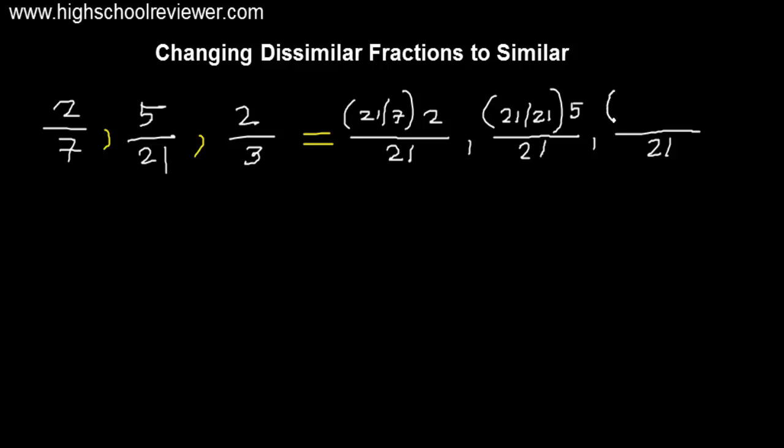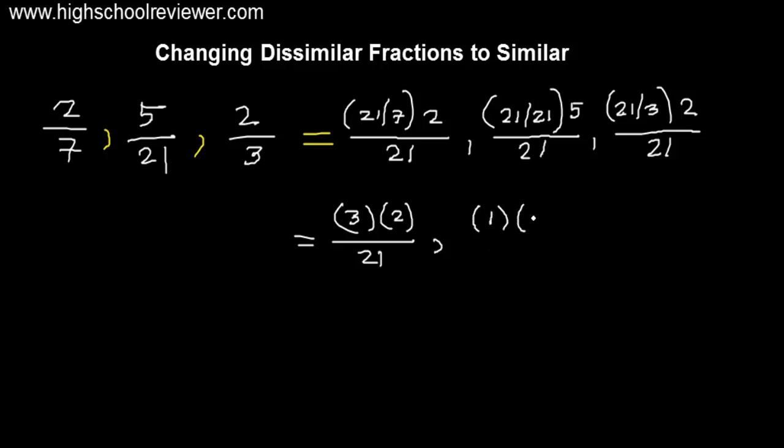And for the third, divide 21 by 3 and multiply this by 2. 21 divided by 7 is equal to 3, multiplied by 2, all over 21. 21 divided by 21 is equal to 1, multiplied by 5 over 21. And the third, 21 divided by 3 is 7, multiplied by 2, all over 21.